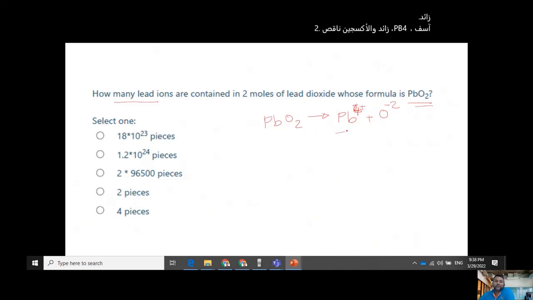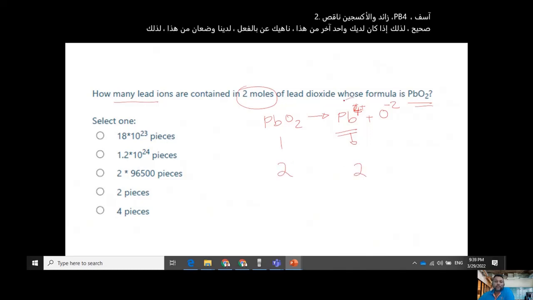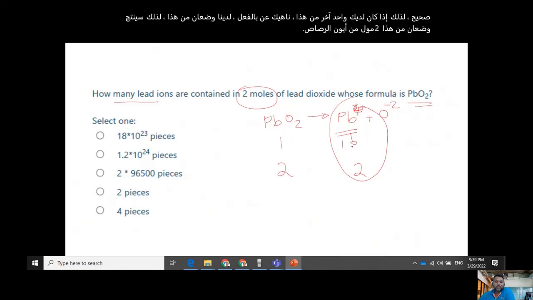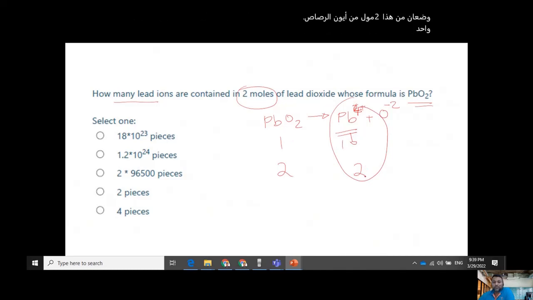So here one lead ion is being produced. 1 mole will produce 1 mole, so 2 moles will produce 2 moles of lead ions.